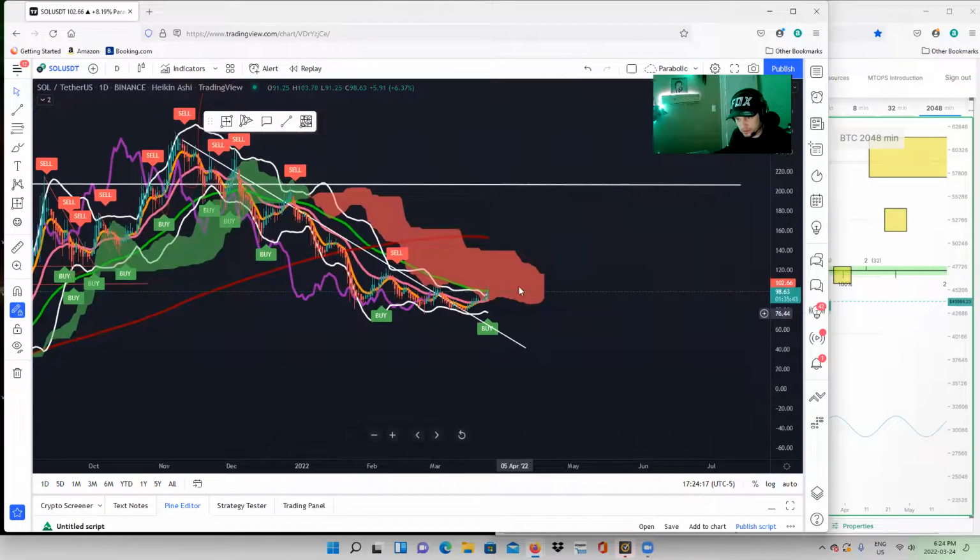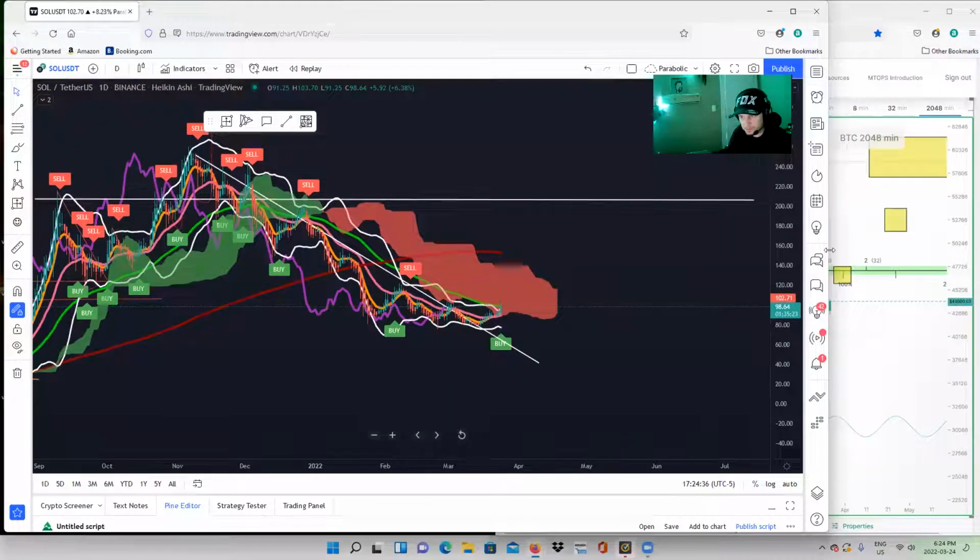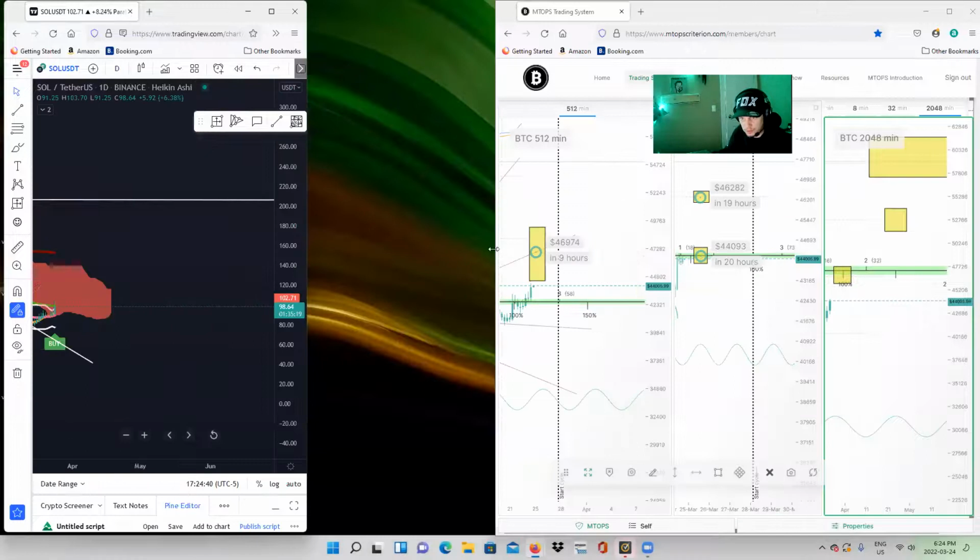We are looking for the same thing here, say in Solana, where it just bites green. The cloud will start to turn green, and then the cloud will start to expand, and the cloud will get bigger. And when you watch these candles, again, it's a different trading method, but I'll show you guys that in another video. Any questions so far based on what I've shown you guys?